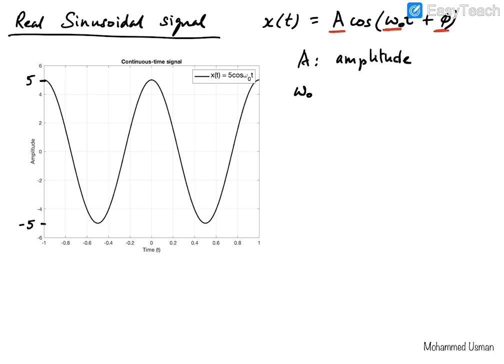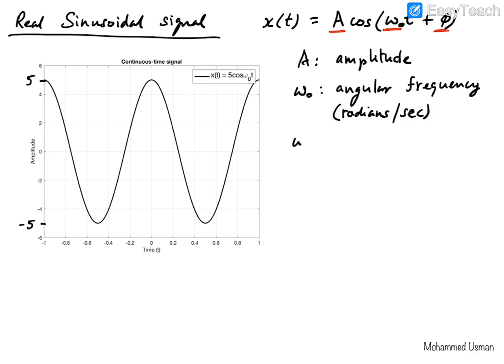Omega naught is the angular frequency, and the unit for omega naught is radians per second.